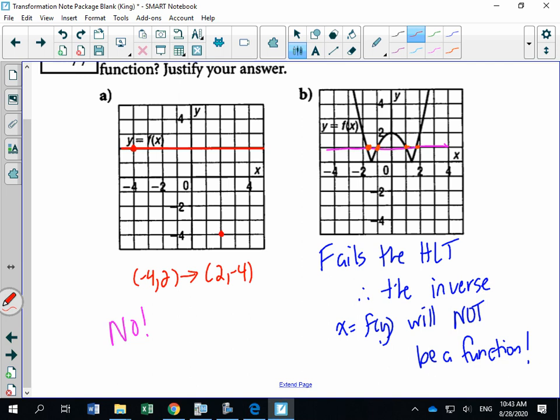Then let's say I pick this point, (-2, 2). The inverse of that will be (2, -2), which would be right there. And then let's say I pick this point, (4, 2). The inverse of that is going to be (2, 4), which would be up here.